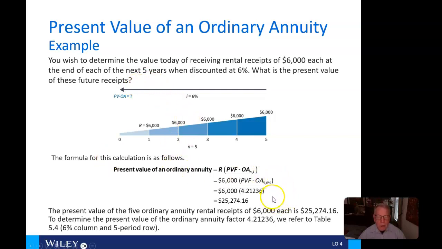We're just going to go into table 5.3, pick off this factor, that's 5 periods at 6%, and multiply it through times 6,000, and that'll give us $25,274.16. So that's pretty easy. And to determine the present value of an ordinary annuity factor, we just simply refer to table 5.4 for the 6% column and 5 rows.